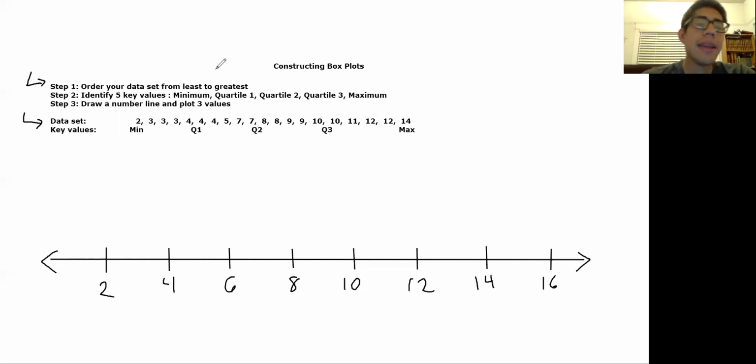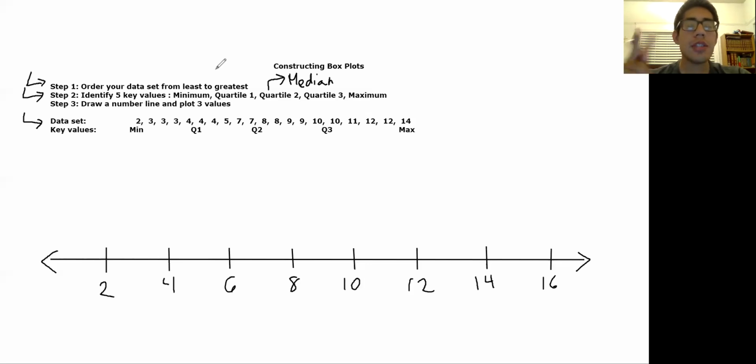The next step, identify 5 key values. I need to identify what our minimum is, our quartile 1, quartile 2, quartile 3, and our maximum. If you can remember from about 2 weeks ago, your quartile 2 is basically your median. It's another word for median, or the number physically in the middle of all your data set. Problem.